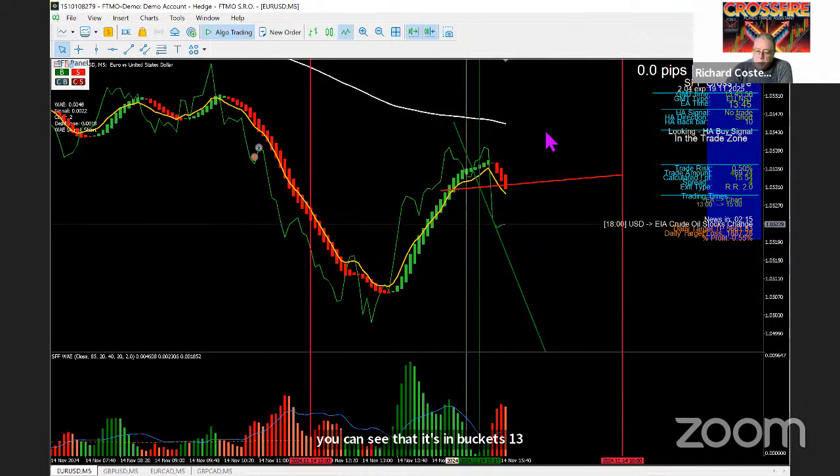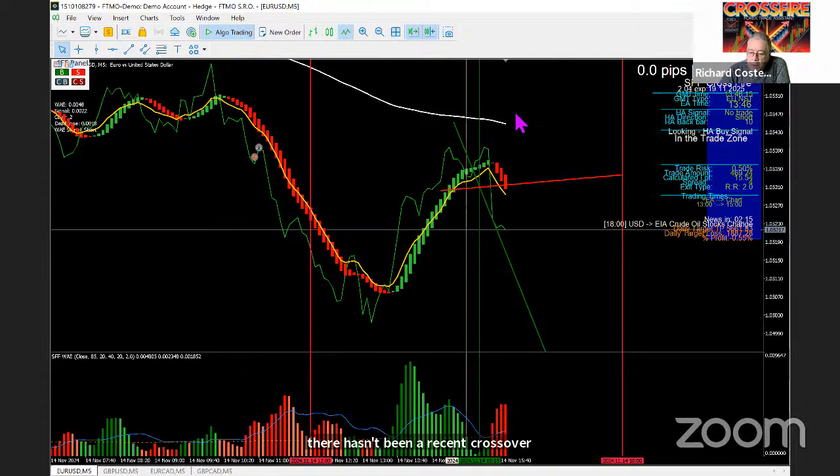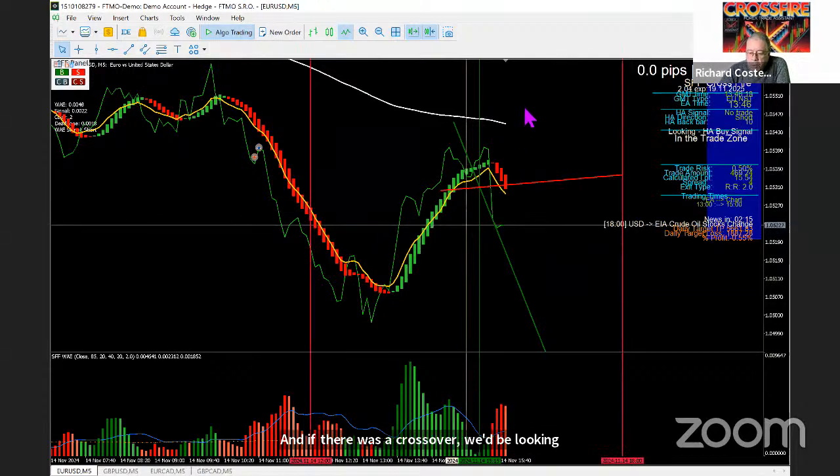So you have the option to have a filter that makes the trading assistant wait for a recent crossover. Now, there hasn't been a recent crossover, and if there was one, we'd definitely be looking for a buy because price would be above the 200 moving average.